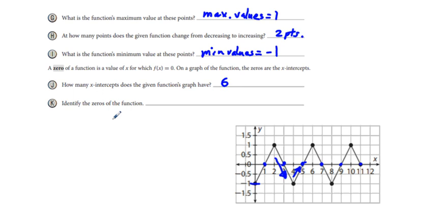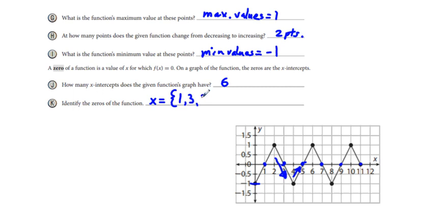And it says identify the zeros of the function. What do we call a zero of a function? A value of x for which f of x equals 0. So when we list several values, we can do that in what we call set notation. And so we'll say x equals, and we're going to bracket, and this is one thing that set notation is good for. x equals 1, comma, 3, comma, 5.